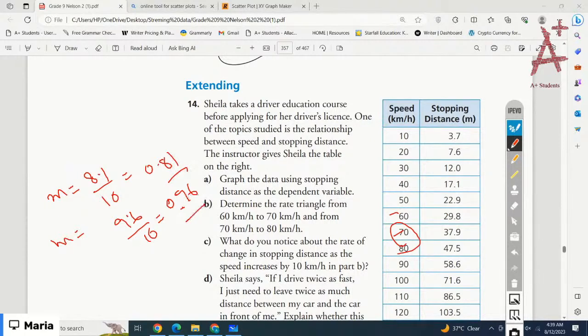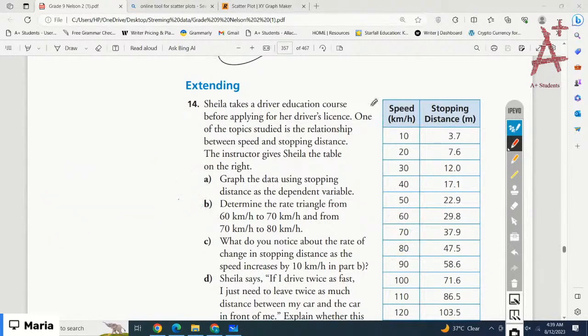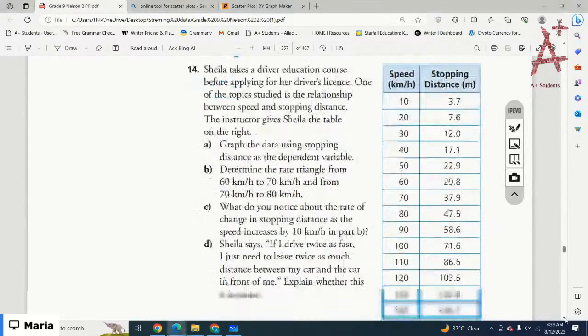Okay, Sheila says, if I drive twice as fast, I just need to leave twice as much distance between my car and the car in front of me. Explain whether this is accurate.